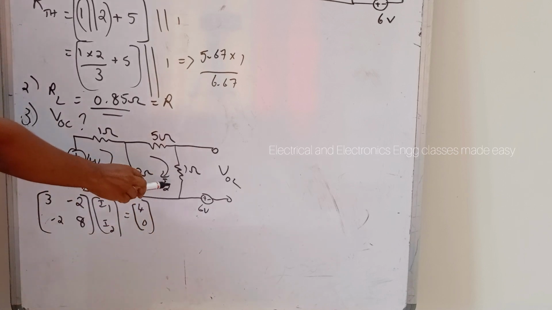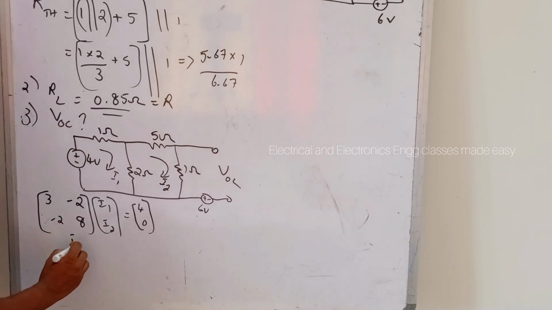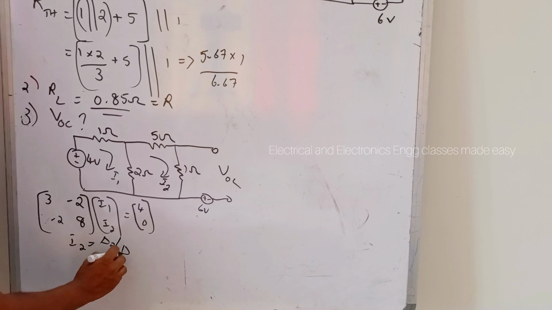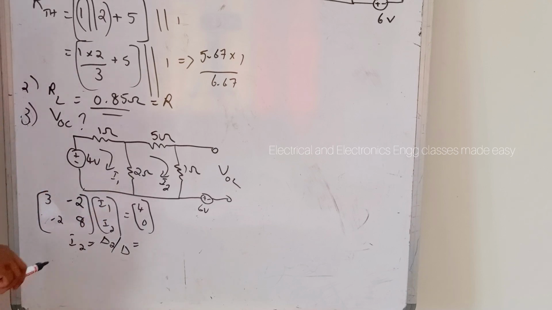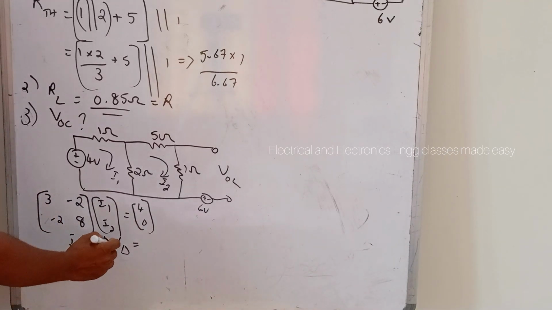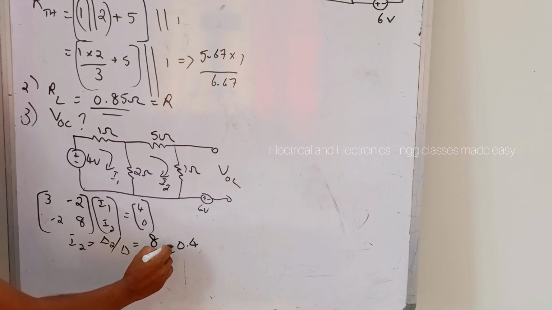Now we have to find the value of I2 to find the voltage drop across this 1 ohm resistance. So for that, I2 is equal to delta 2 divided by delta, and delta 2 is the determinant of the R matrix by replacing the second column elements with the voltage elements, and delta is the determinant of this R matrix. So we will get I2 is equal to 8 divided by 20, that is equal to 0.4 amperes.